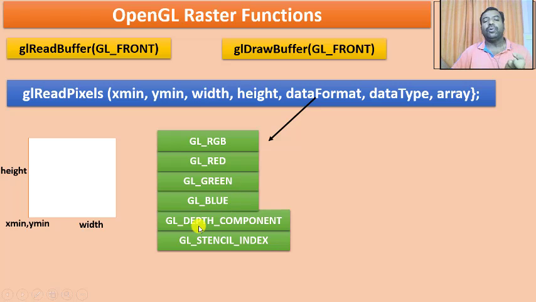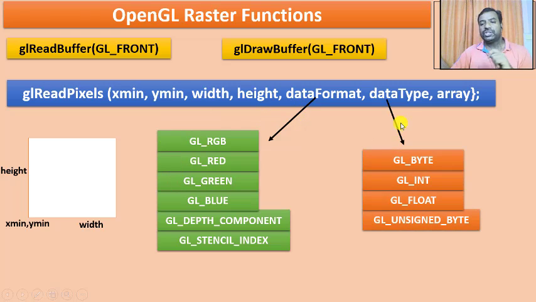If you want to read the depth information, the parameter should be GL_DEPTH_COMPONENT. And if you are using the stencil effect, and your OpenGL system supports stencil information in the frame buffer, if you want to read that, the parameter should be GL_STENCIL_INDEX. This is what the data format can be. Any one of these can be used as a parameter.